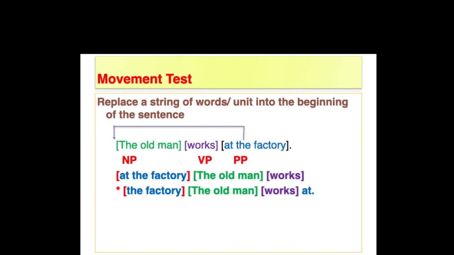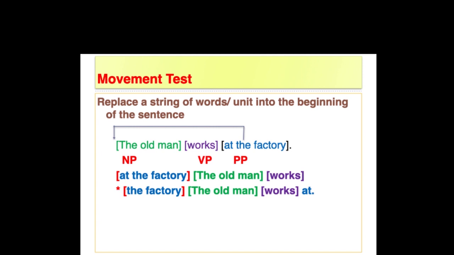Now, if we change the order of the sentence by putting at the factory at the beginning, and then see what we will have. At the factory, the old man works. So we think that this is possible. So it's acceptable. It's meaningful. We understand what is being said.